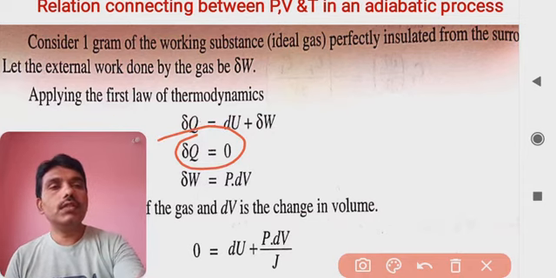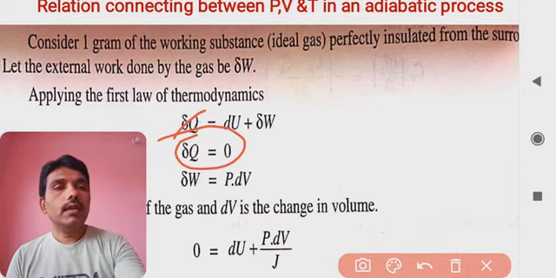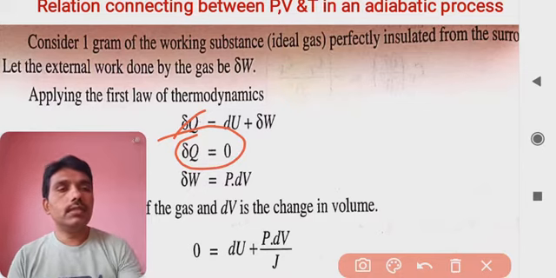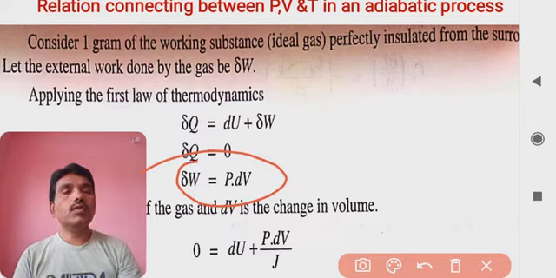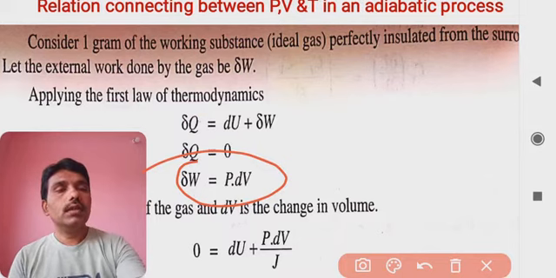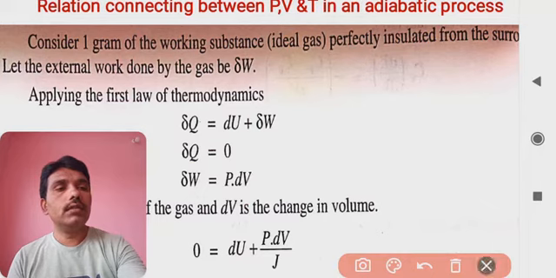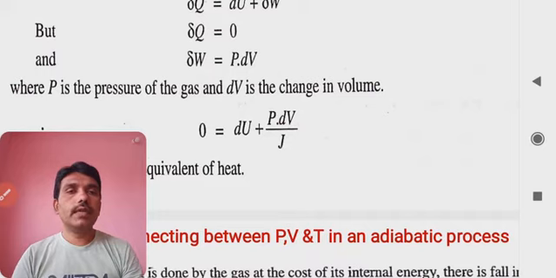So it becomes 0 equal to dU plus del W, and I can write del W is equal to PdV, where P is the pressure of the gas and dV is the change in volume.